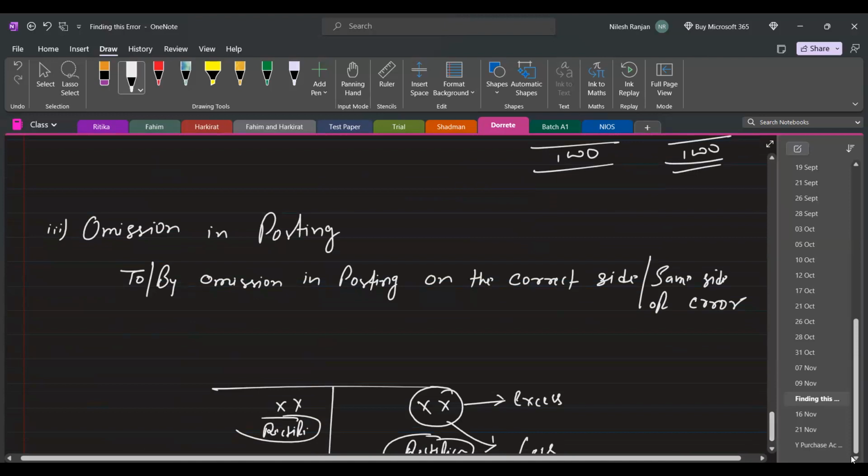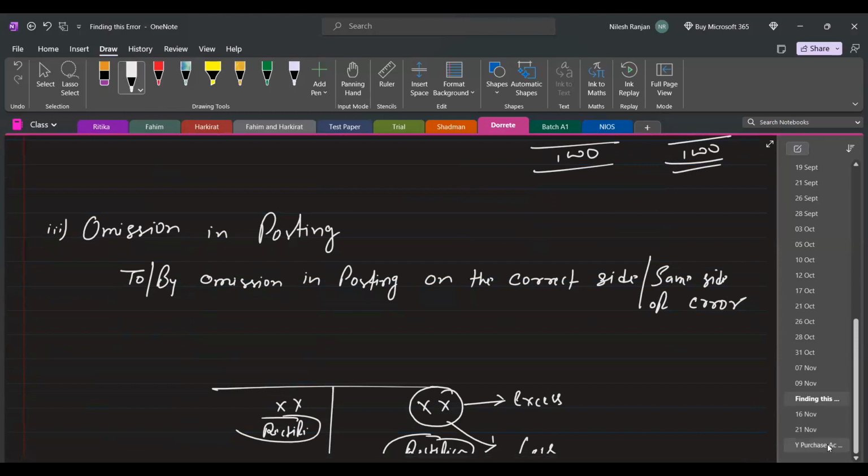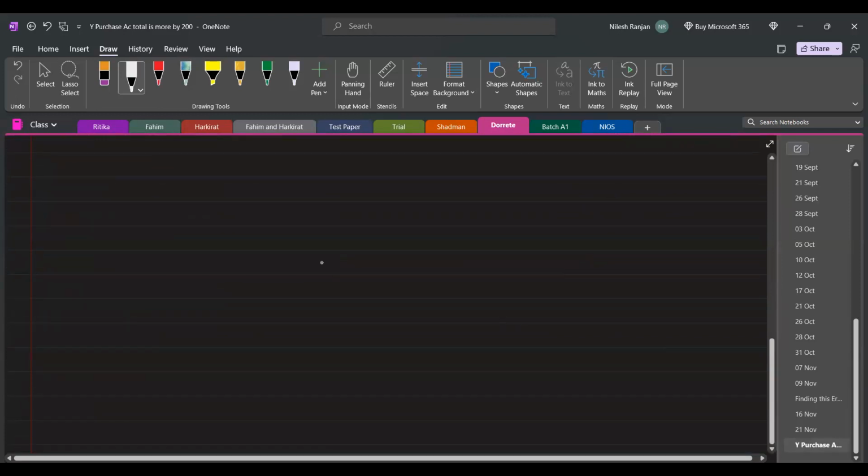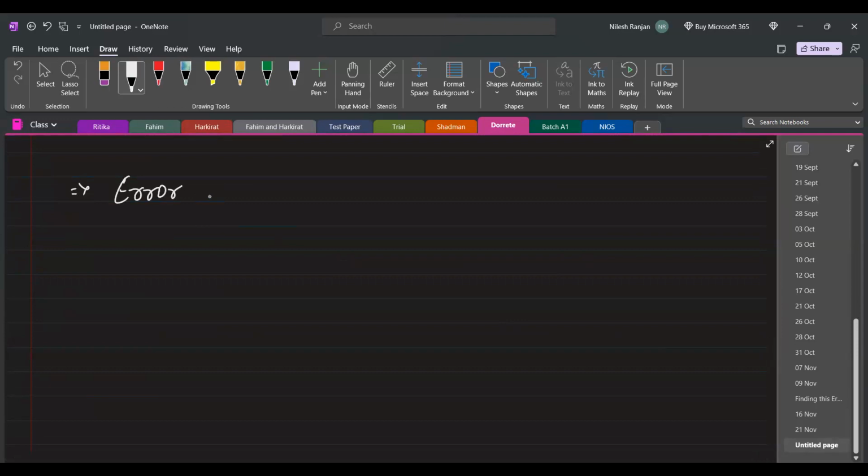Now, how to correct these? So let's understand it now. First is the error of wrong posting of amount.